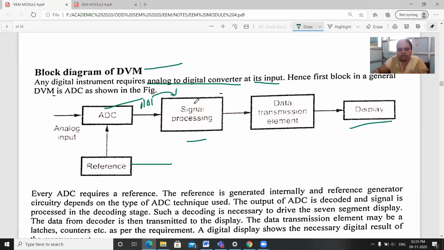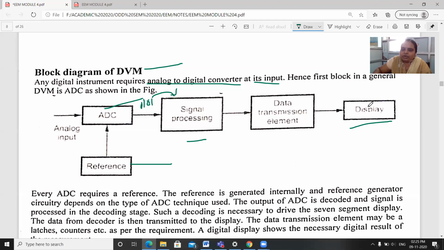Different methods and techniques are there to process the signals. In DSP, if you go for higher versions, you will study those. After that, the information is transmitted. The data transmission element is used.